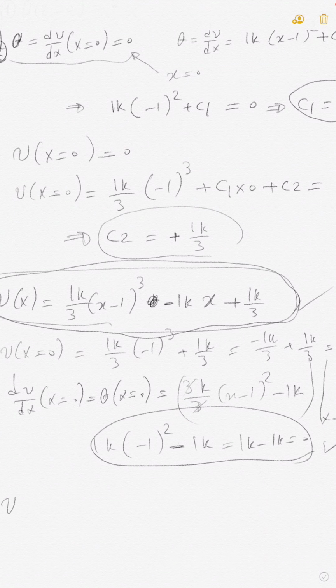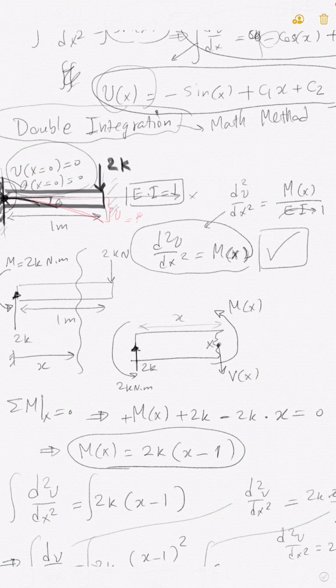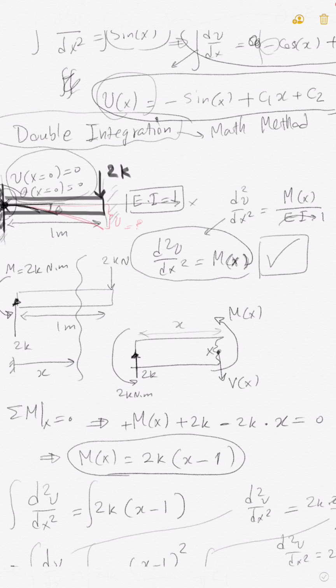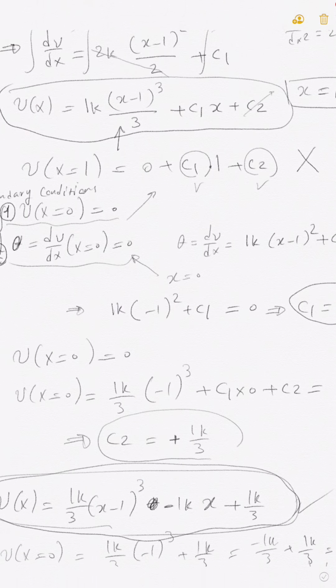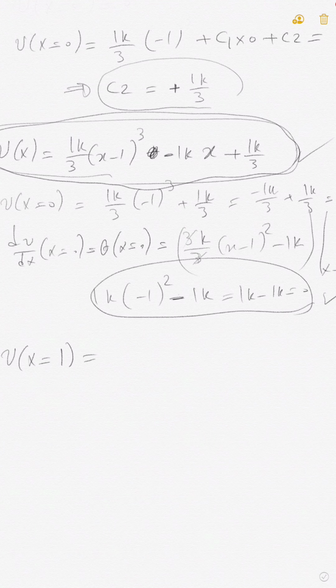Now you evaluate the deflection at x equal to 1, the very end of the beam, not x0. Look at the picture. x0 is the wall. x1 is the very end. Put 1 in this equation. When you put 1 here, the first term is 0. The second term becomes negative 1k times 1, right? Plus already 1k over 3.